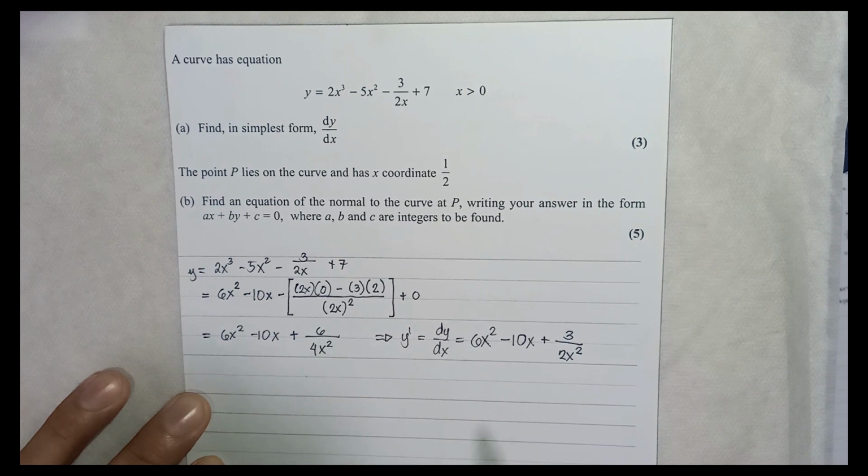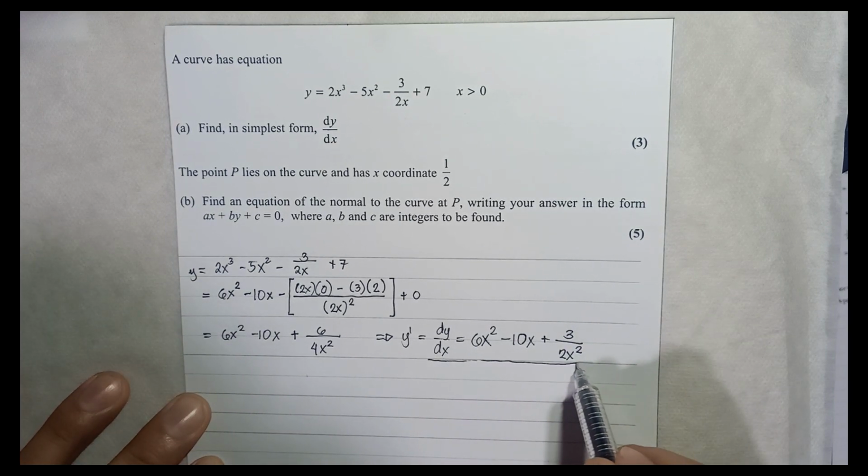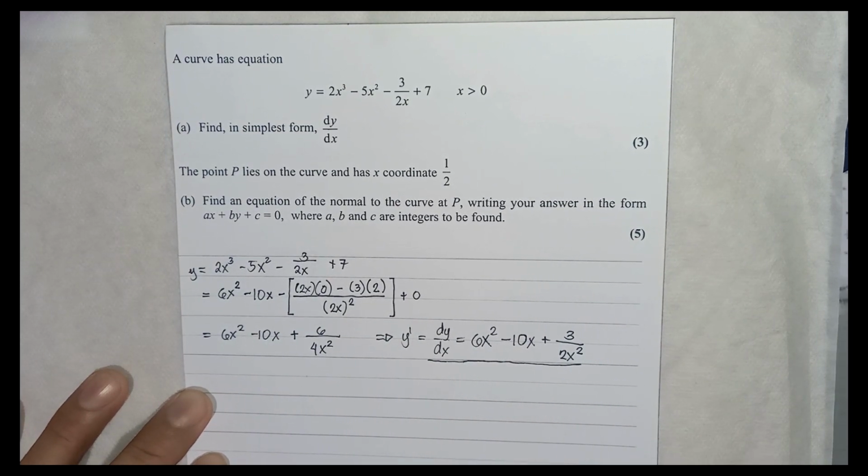Since 6 and 4 are both divisible by 2, 6 divided by 2 is 3, 4 divided by 2 is 2. So this is our answer, dy over dx in its simplest form.